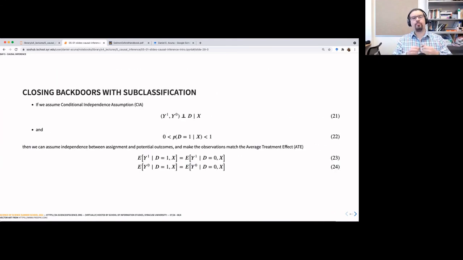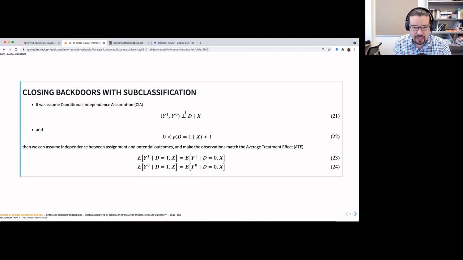All right, so the subclassification idea is that you can measure things about your units. These X are things that are external to your units that make the treatment independent of the potential outcomes. If you can make this assumption, then you can apply something like subclassification to make the inference.